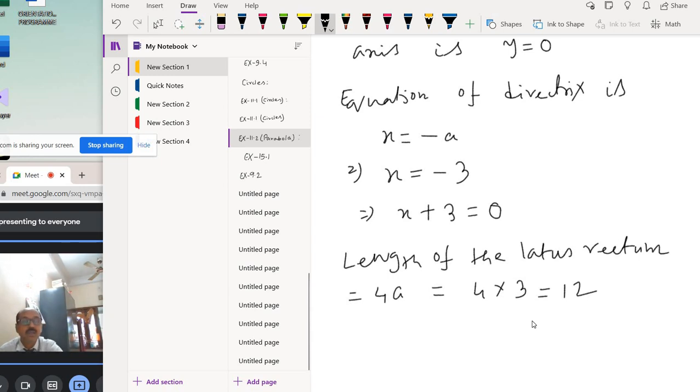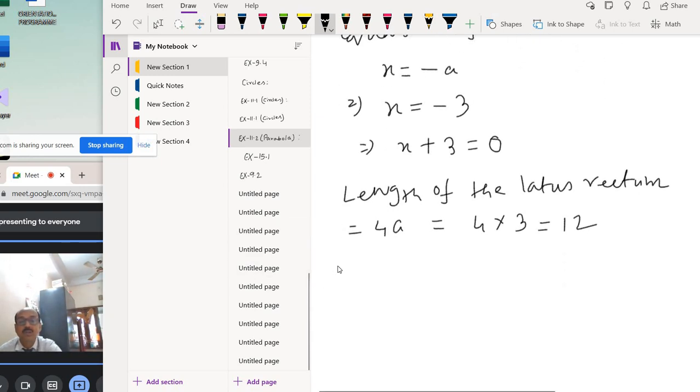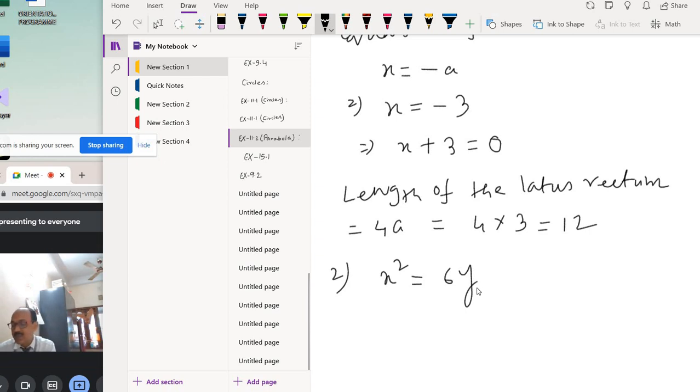Okay. Next, question number 2. The equation is x square equal to 6y. It is in the form of x square equal to 4ay.